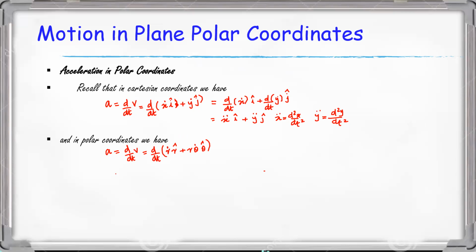Then we have to evaluate this quantity. First one, d by dt of r dot r cap plus d by dt of r theta dot theta cap.